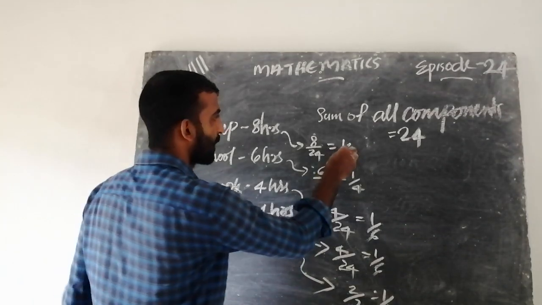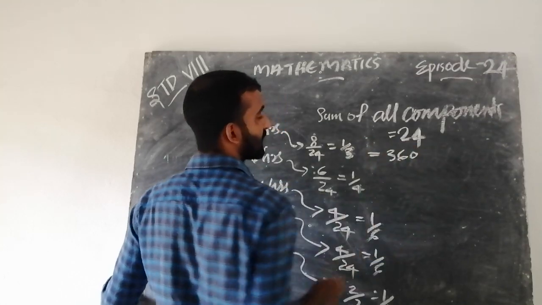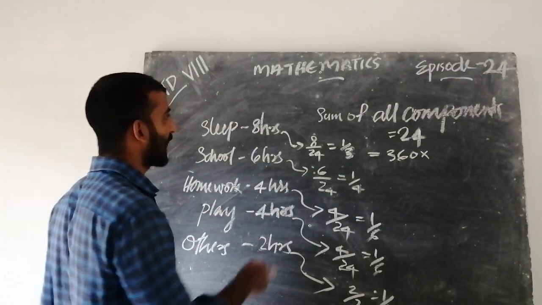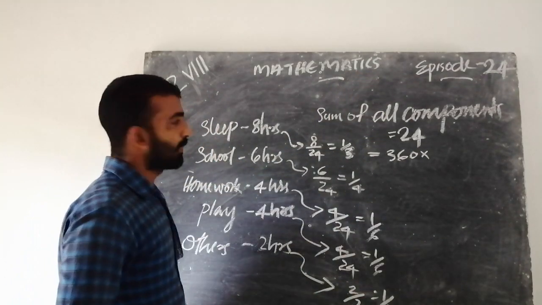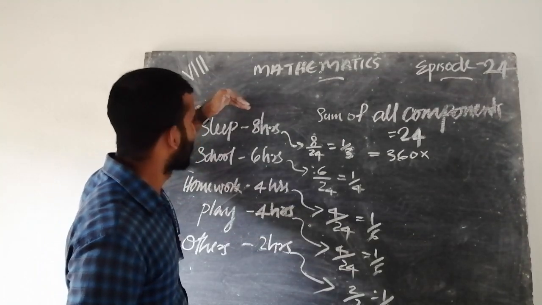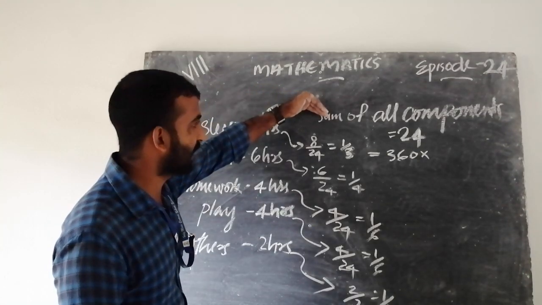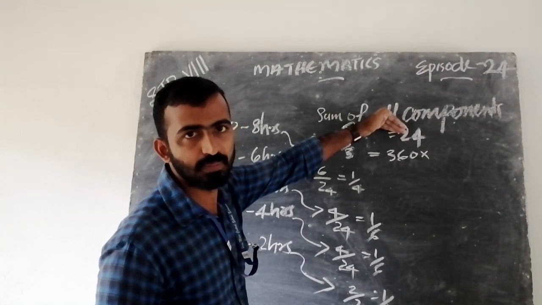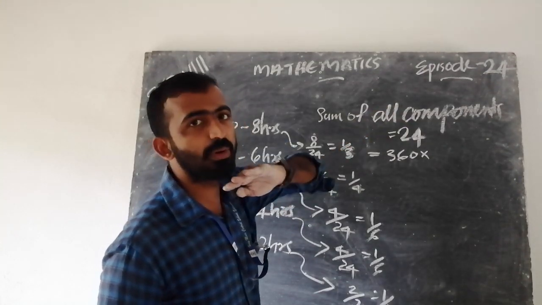We can make this in a table. The headings are activity, time taken, fraction, and next the sector angle. You can make a table for drawing the pie chart.